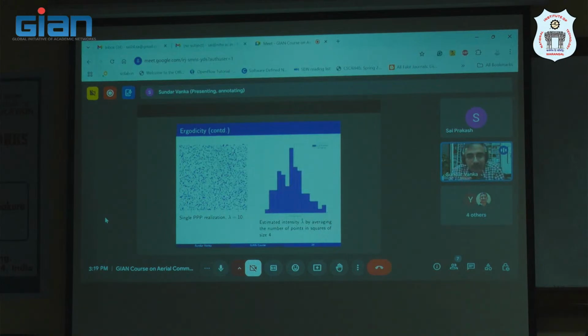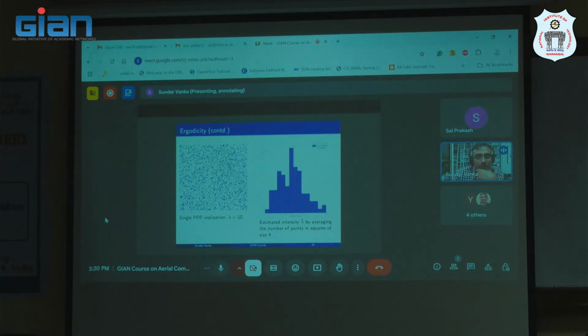Let's take a single homogeneous PPP realization, and let us say I want to estimate the intensity. What I will do is take small pieces of this process. Let us say I pick squares of 4 by 4 each, and I tile this process with 4 by 4 squares over the whole area.